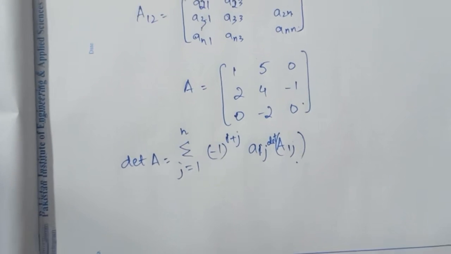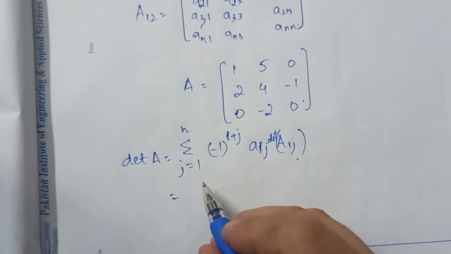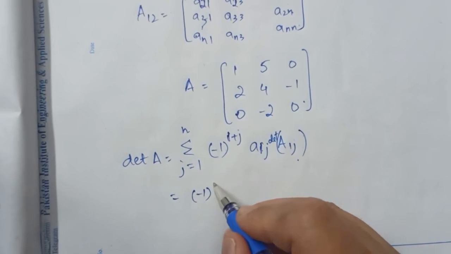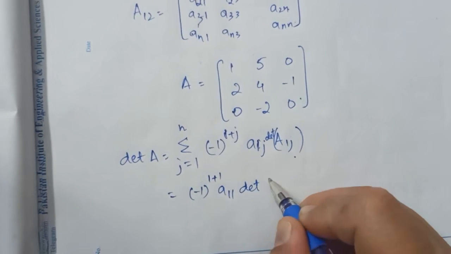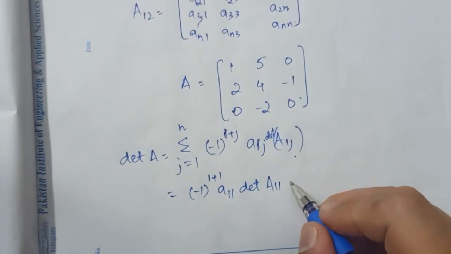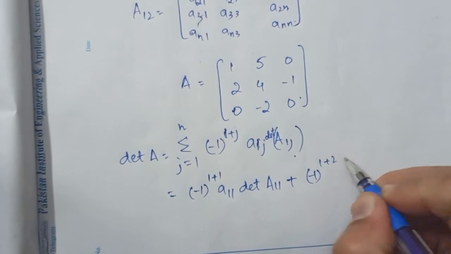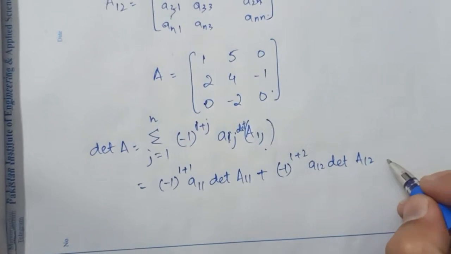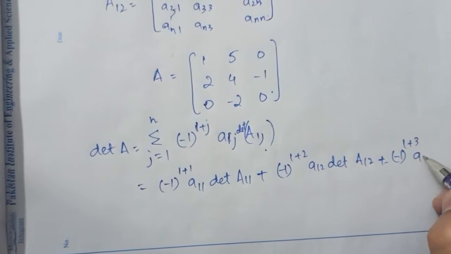Expanding, for j equals 1 you get minus 1 to the power 1 plus 1, A11, determinant of A11. Then you get minus 1 to the power 1 plus 2, A12, determinant of A12, and then plus, minus 1 to the power 1 plus 3, A13, determinant of A13.